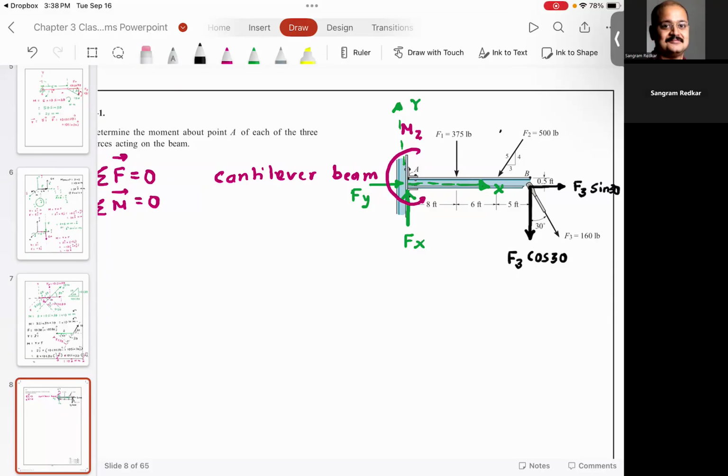This guy, can someone tell me what would this be? If you tell me what this angle is, F2 cosine theta. And then this guy is going to be F2 sine theta.